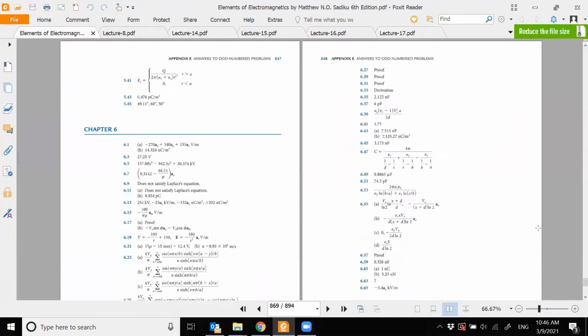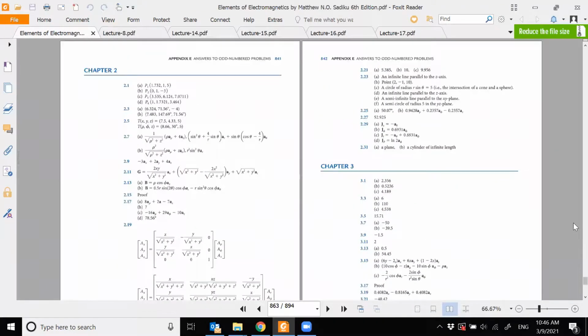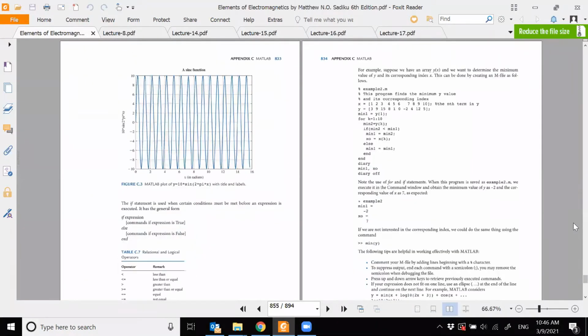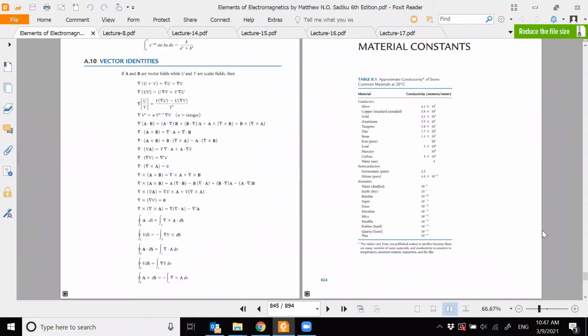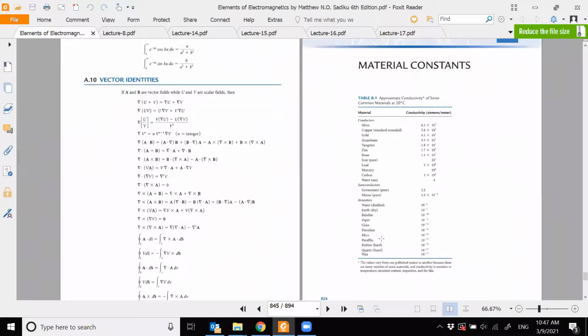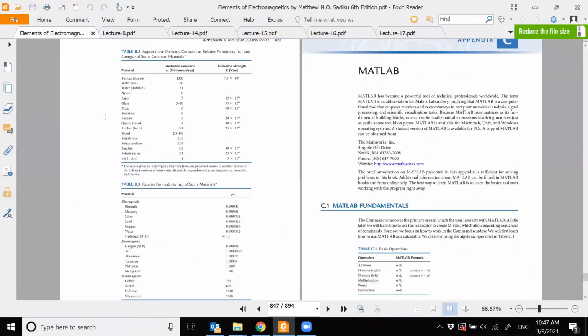Okay, and just one thing which I wanted to tell you guys, see, in our textbook, I think it is page number, yes. So if you see here, these are the material constants which are given to us.